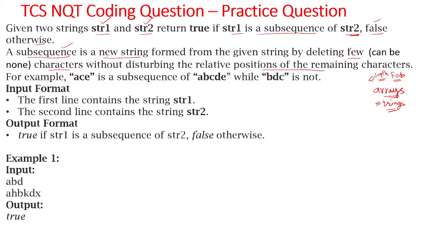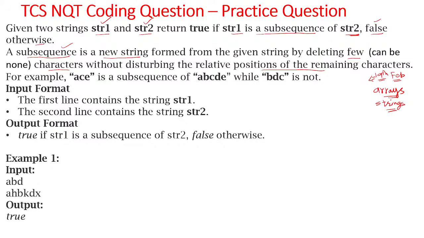So if string 1 is a subsequence of string 2, we should return a true value. Otherwise, if it is not a subsequence, we should return a false value.